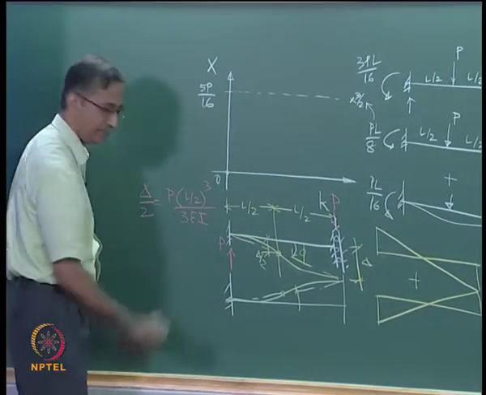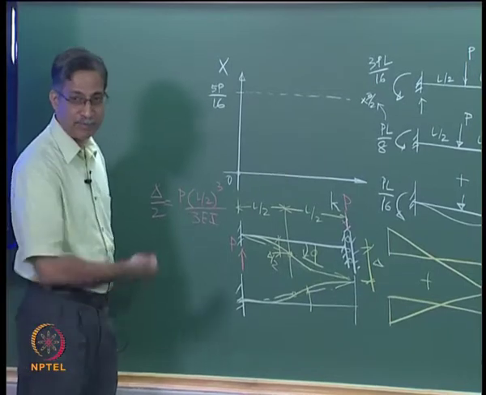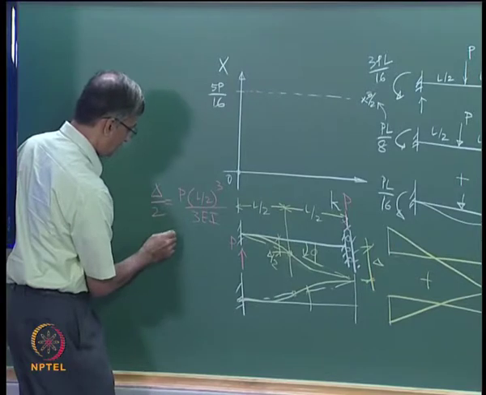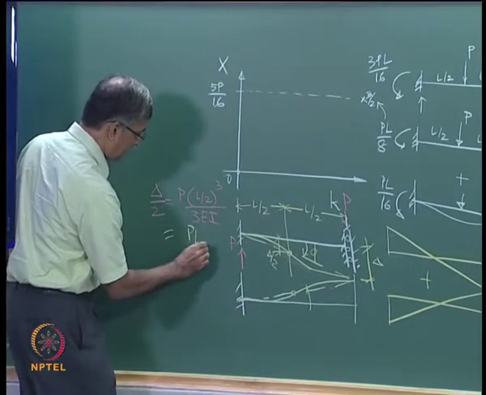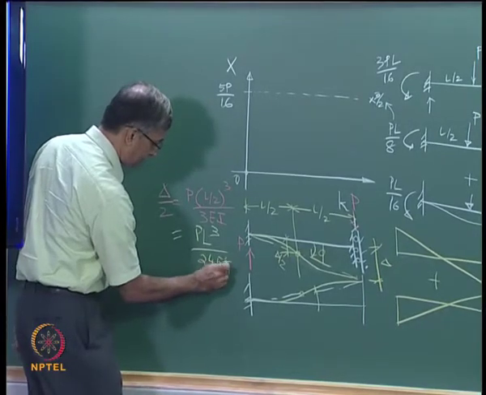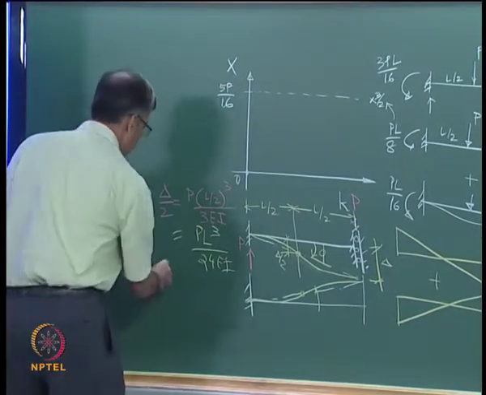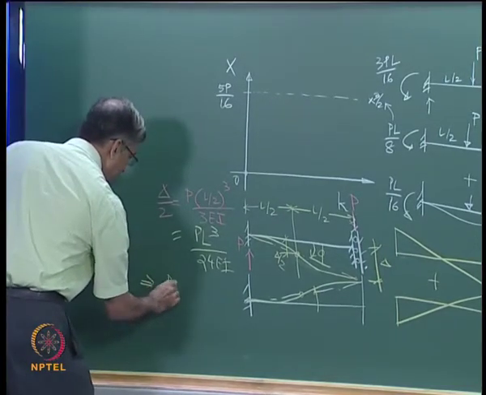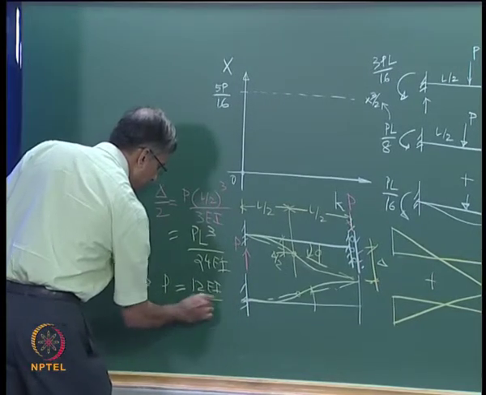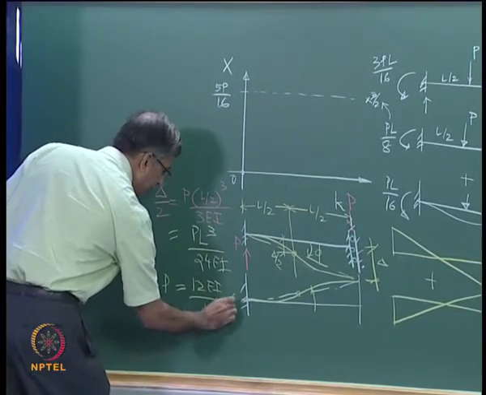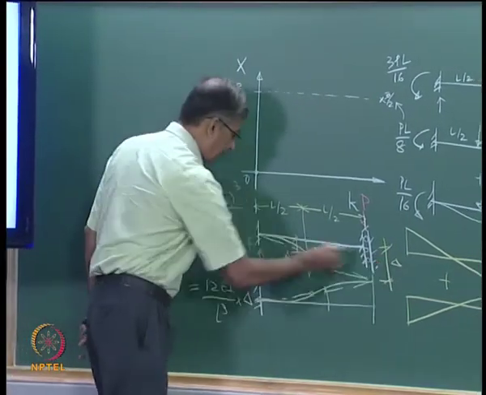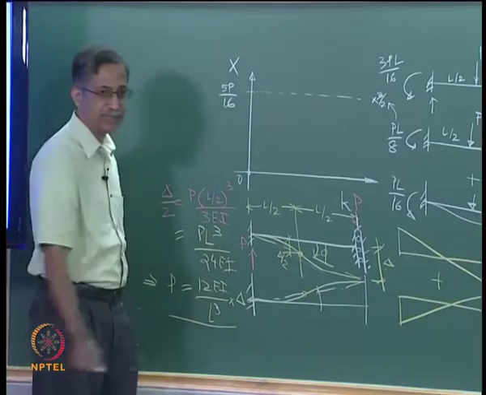It is a clever way of solving the problem. So this turns out to be, remember this is PL cubed by 24 EI, or you can say P is equal to 12 EI by L cubed into delta. So you have a relationship between this delta and this P. It is very important to remember this relationship.